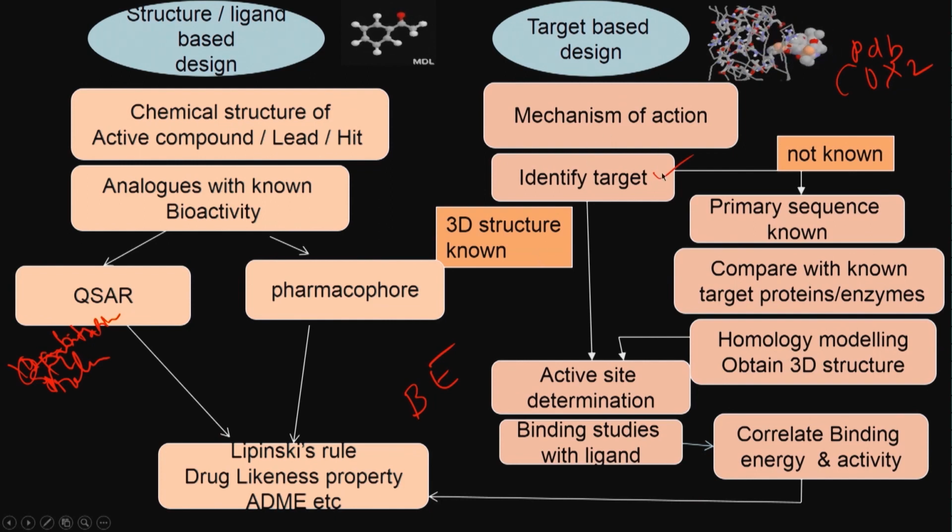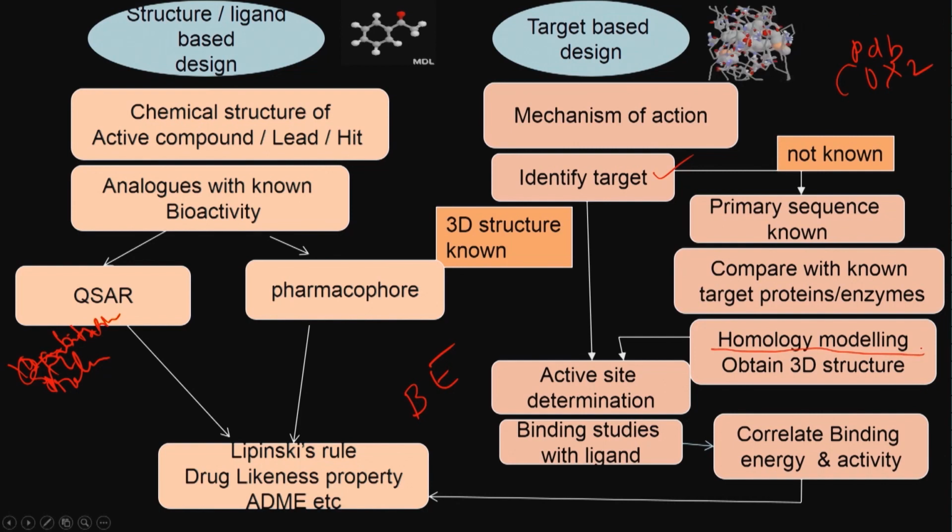Suppose I do not have an idea about the 3-dimensional structure of the protein. For example, I do not have the 3-dimensional structure of the cyclooxygenase 2 enzyme for human, but I may have it for mouse or rat, okay. Then I perform something called homology modeling, okay. This is very, very important.